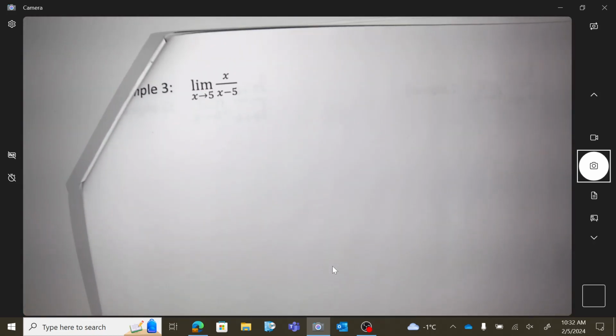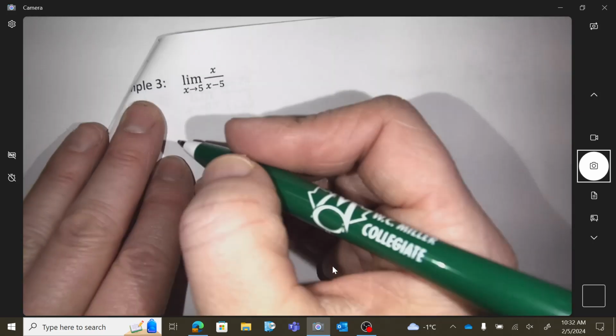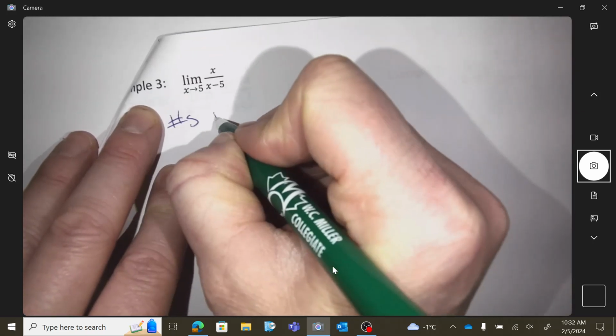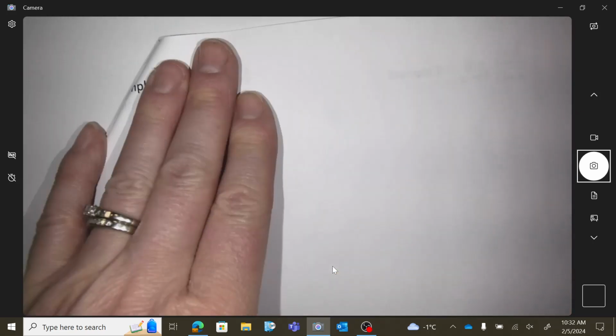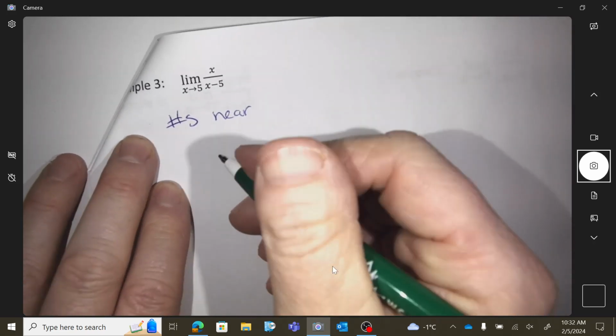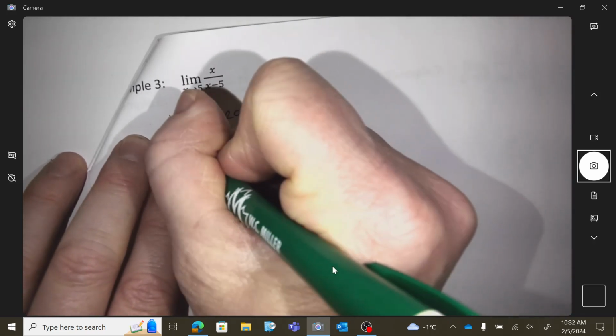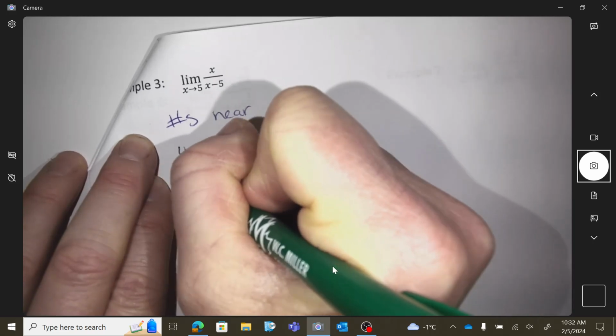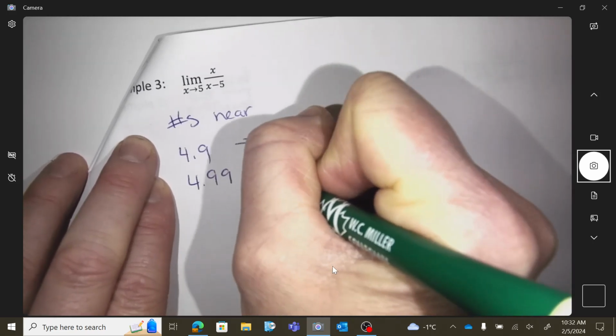Okay, can't substitute, got a division by 0. Don't see any algebra, right? There's nothing to factor, something like that. So which method do you want to do? I think we got to go with the numbers near 5 again. So I'm going to go below 5, 4.9 and 4.99.